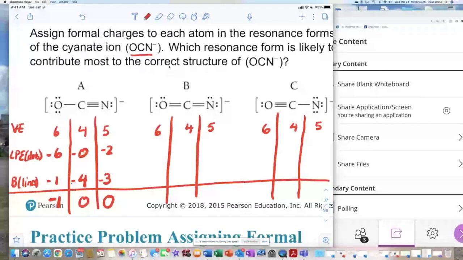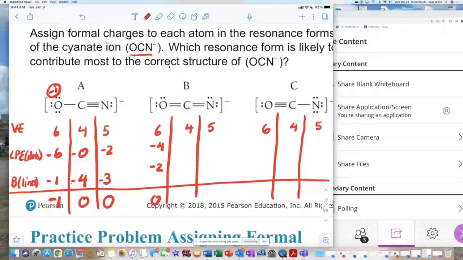Okay. What about this arrangement of the bonds? Let's see. Once again, the valence electrons, we already have those written down. So oxygen in this combination here has 4 dots around it. Sorry, not 4 lone pairs, 4 electrons in the lone pairs. And then 2 bonds, right? 2 lines. 6 minus 4 minus 2 is 0.